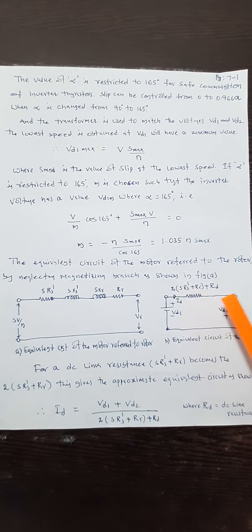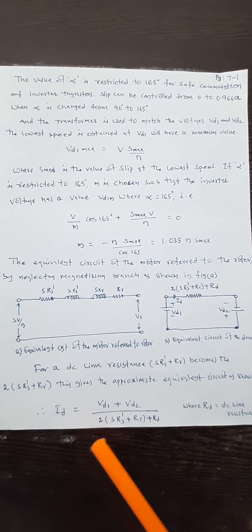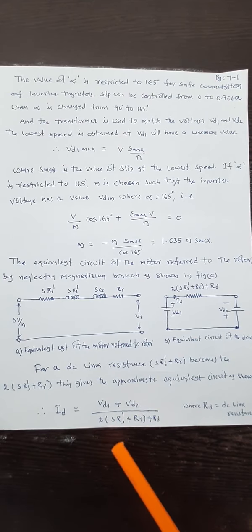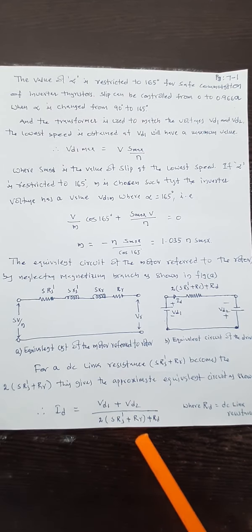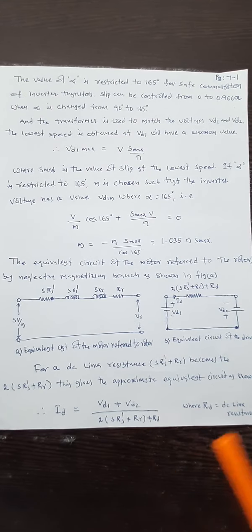This becomes double, and therefore the calculation of ID as per the formula, ID is equal to ED1 plus ED2 by 2 into SRS dash plus RR plus RD. RD here is the DC link resistance.